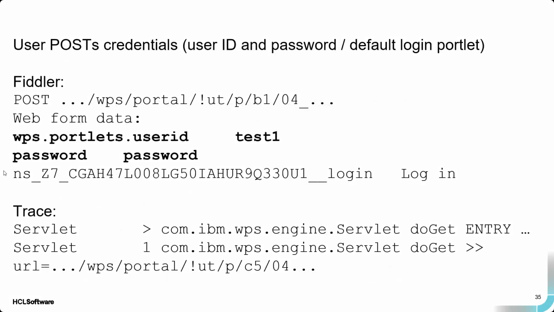Now, what you see on this screen is the user actually submitting their credentials. This is the off-the-shelf login portlet. There's nothing fancy here. The username and password are passed through in web form data. Why is that important? Because it keeps it out of your web server access logs is the big reason from a security perspective.